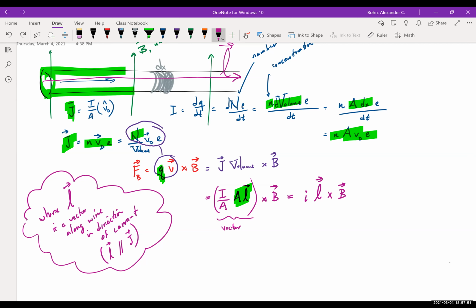And then we can write the force due to the magnetic field as the current magnitude times the length vector cross the field. We've seen that equation before, but only for a second, because it's where we left off.